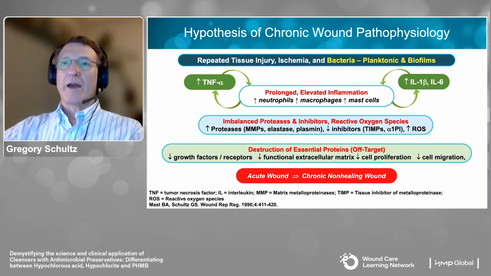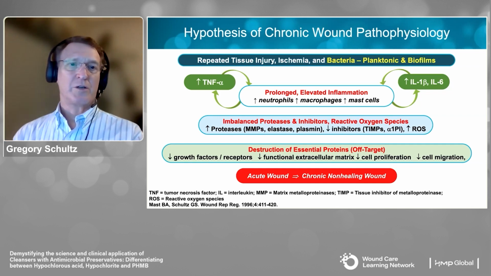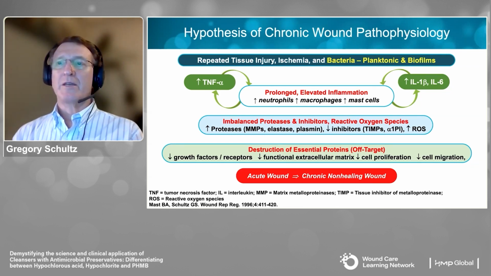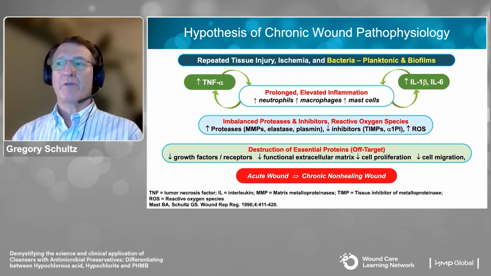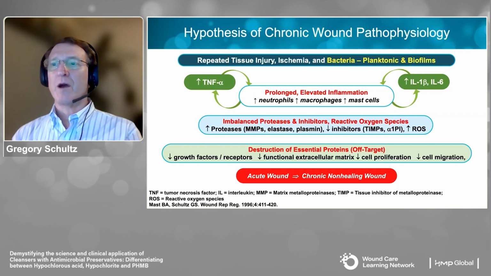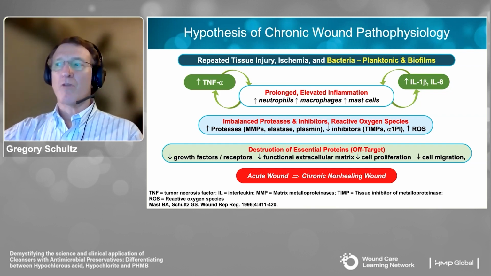Now, these reactive oxygen species and proteases do good things when they're at the right time, right place, and right amount. But unfortunately, when they're present at hundreds of times the concentrations we see in an acute healing wound, and they're present for weeks and months, they begin to have off-target effects that are characterized by the degradation of growth factors and their receptors, decrease in functional extracellular matrix proteins, and that results in decreased cell proliferation and migration, which we see clinically as an acute wound that's converted into a chronic wound.